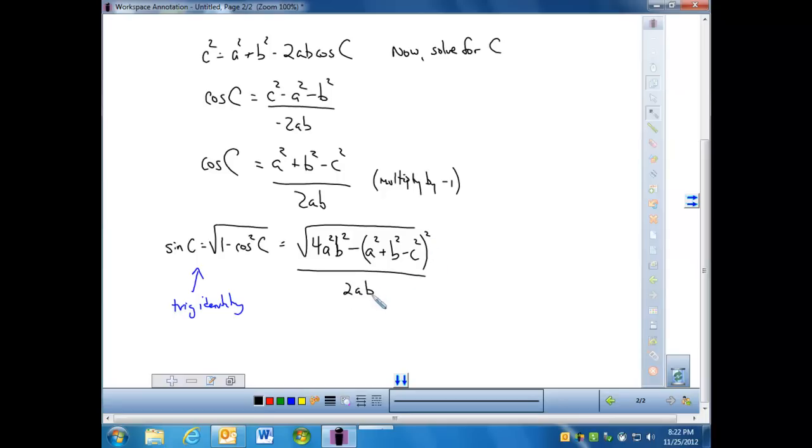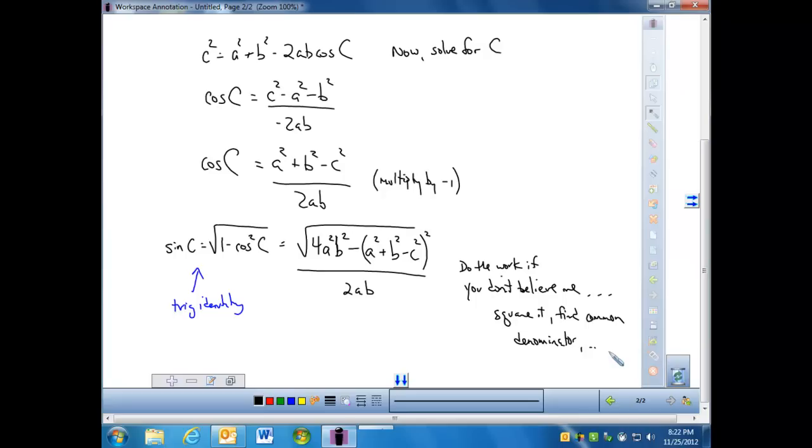Alright, square our answer from above, and then take 1 minus that and look for a common denominator there. And I think you'll be able to see where this actually comes from. But seriously, if you don't believe me or if you really want to see that work for yourself, push pause right now and see how you get from cosine c equals that business to sine c equals this. It's pretty important that you have a good understanding, a good working knowledge of all of this.